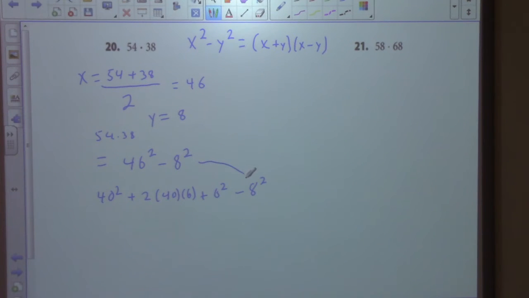You see what we did with this? We used our earlier identity to break down this 46.